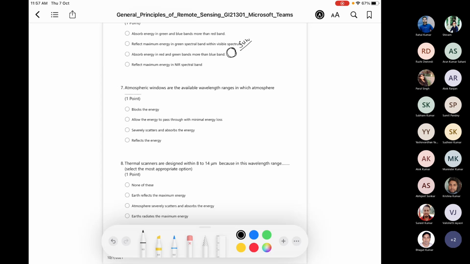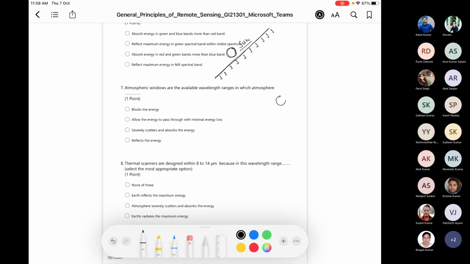The sun acts as an external energy source. In the electromagnetic spectrum, energy is transmitted, that is radiated by the sun, because the sun's surface temperature is 6000 degrees Kelvin. So the sun radiates the energy.